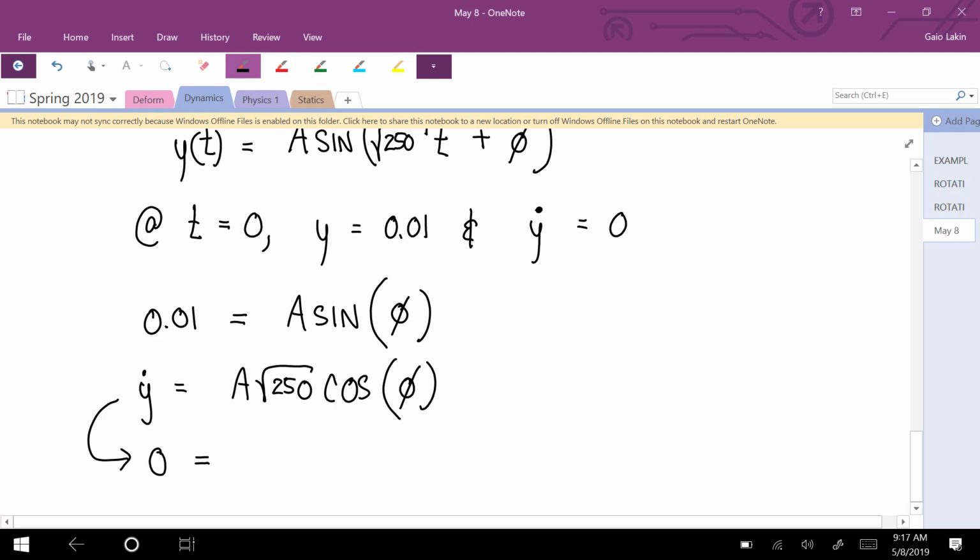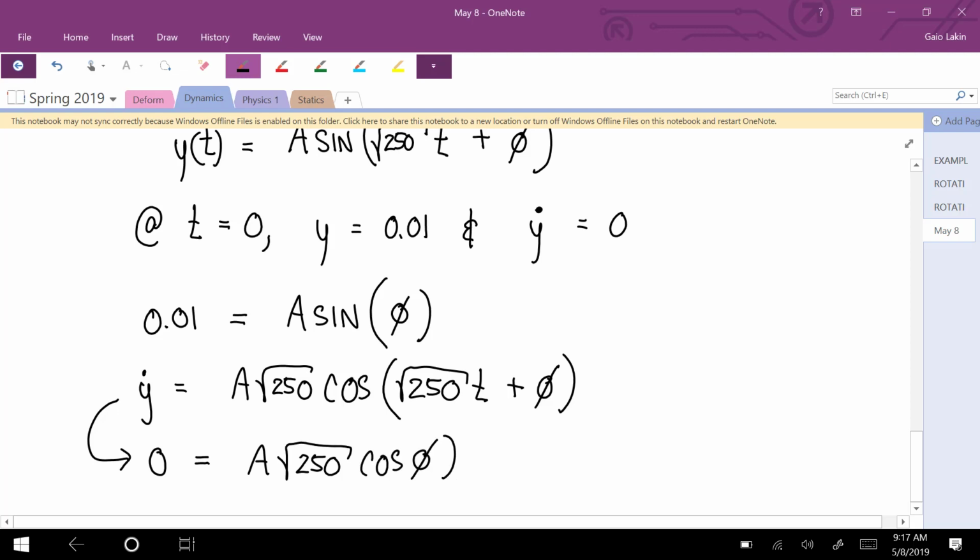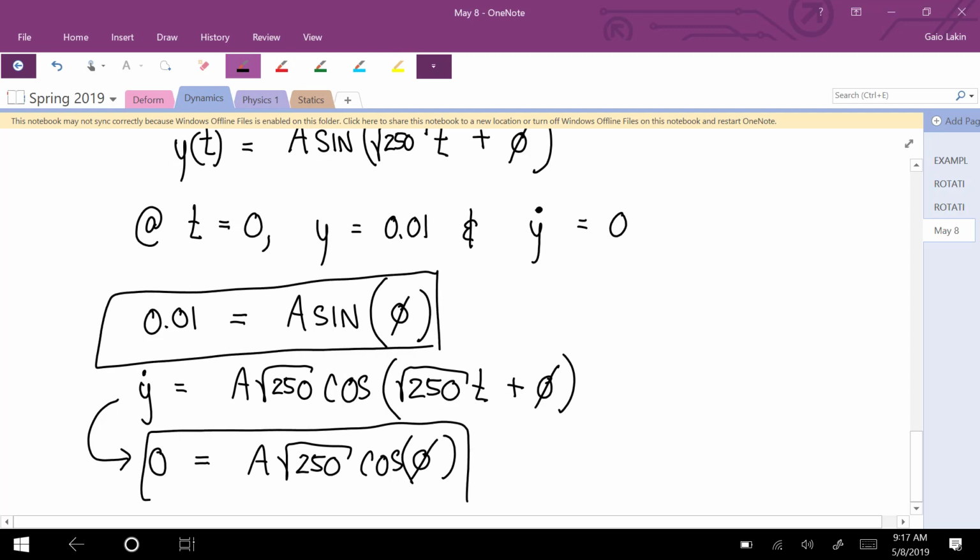Well, okay, I sort of combined these two things. So this y dot function should be A times square root of 250 times cosine of the square root of 250t plus phi. And so then when you plug in t equals 0 to get the boundary condition, you get that 0 is equal to A times square root of 250 times cosine of phi. And now you have these two equations for two variables, and you can solve that system.